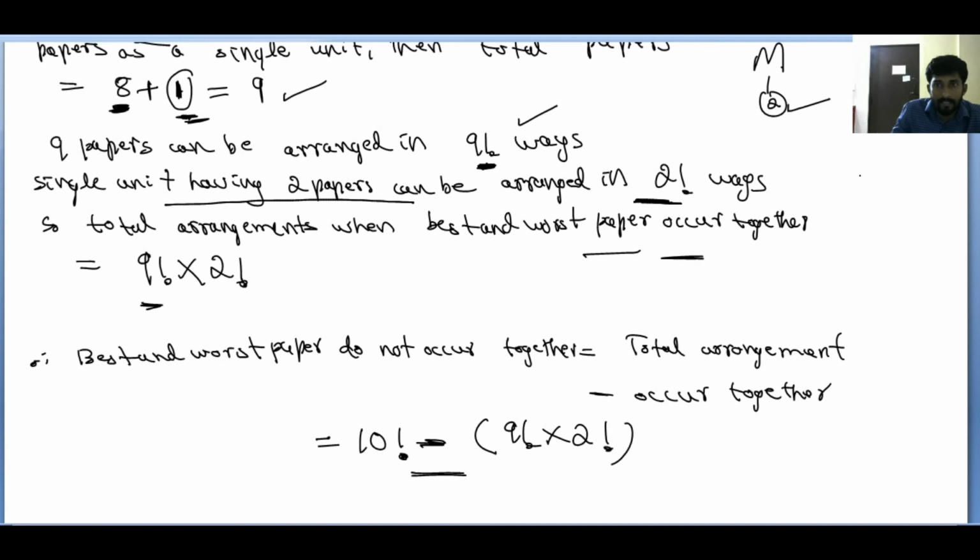Remember, objects are distinct. So total arrangement when best and worst paper occur together is 9 factorial into 2 factorial. So best and worst paper do not occur together equal to total arrangement minus occur together. Total arrangement, that is 10 factorial, minus occur together, 9 factorial into 2 factorial.